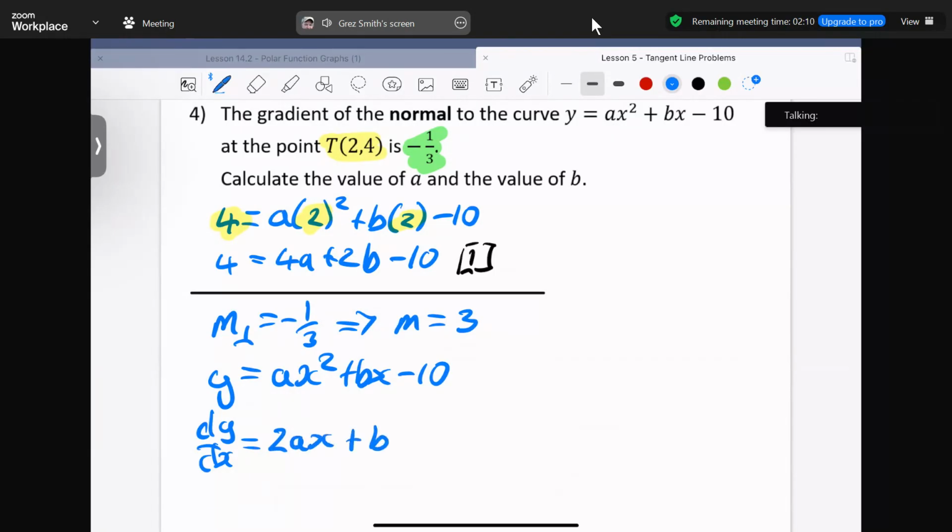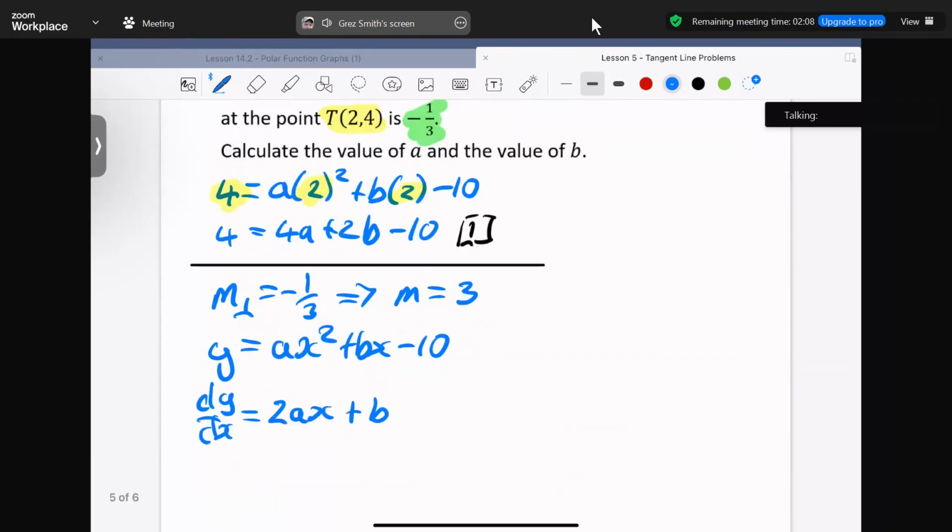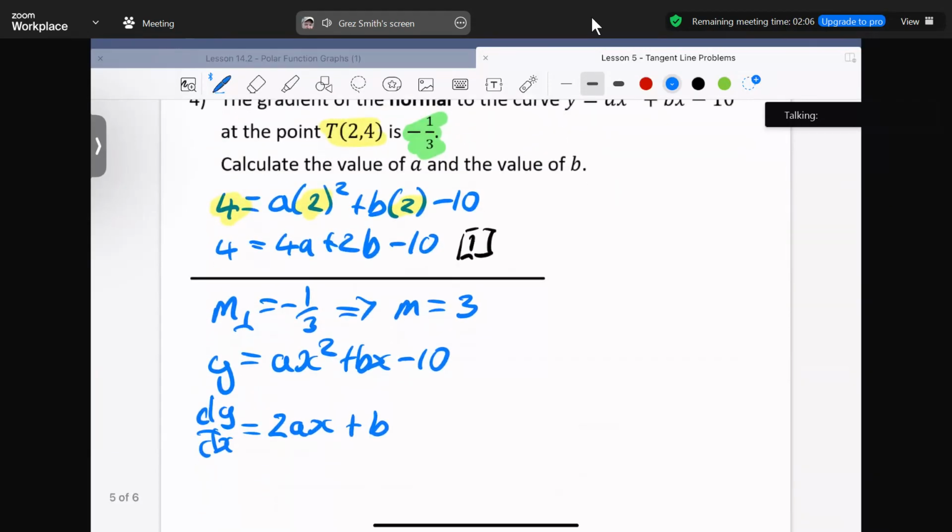So what is the x value? 2. What is the derivative's value? 3. So this value here is coming from up there. This value here is coming through this sort of path like that.